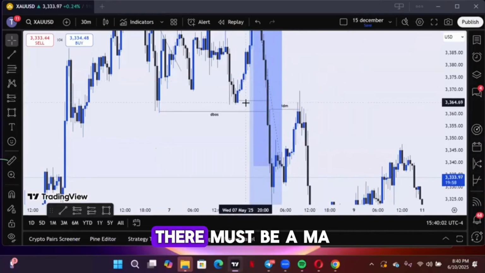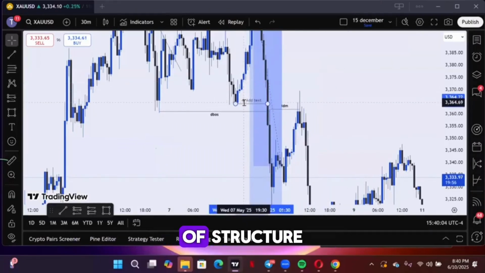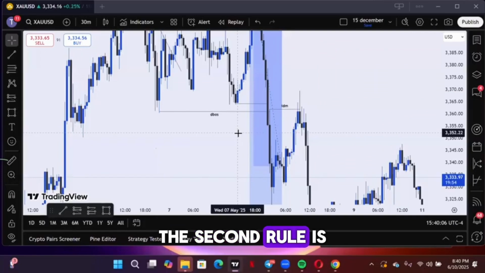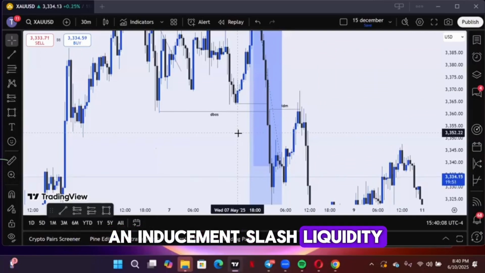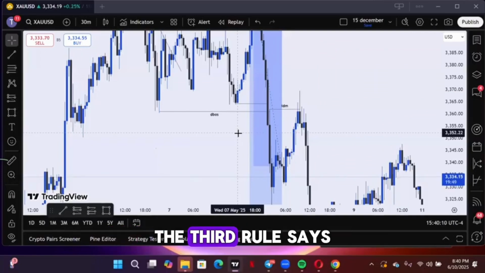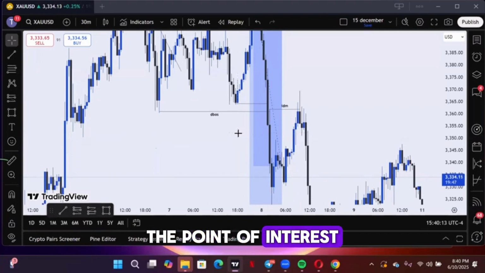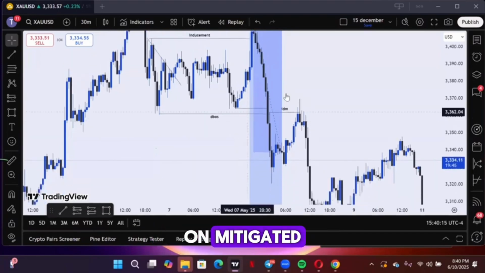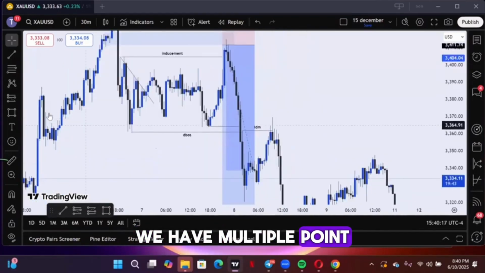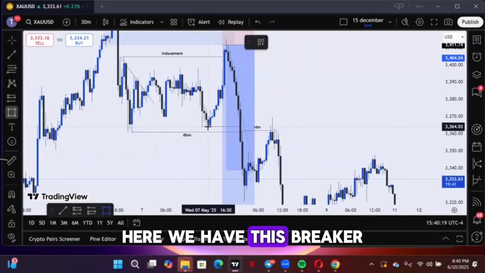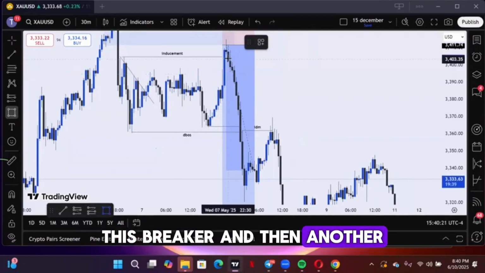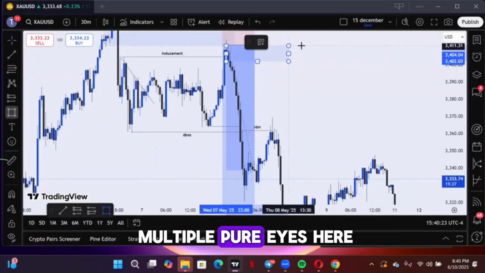So the first rule is there must be a market structure shift or a double break of structure. So we got the first. The second rule is there must be what? An inducement / liquidity. So we got the second. The third rule says the point of interest I'm looking to pick needs to be what? Unmitigated. Now pay attention. We have multiple POIs here. As this stopped here, we have this breaker, and then another block up here. So we have actually multiple POIs here.